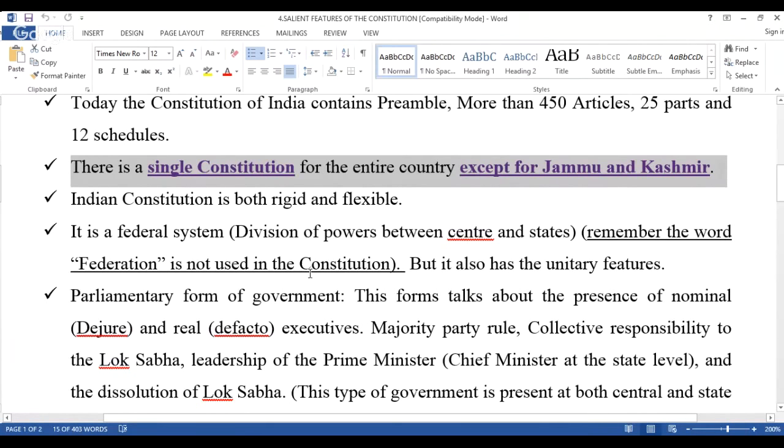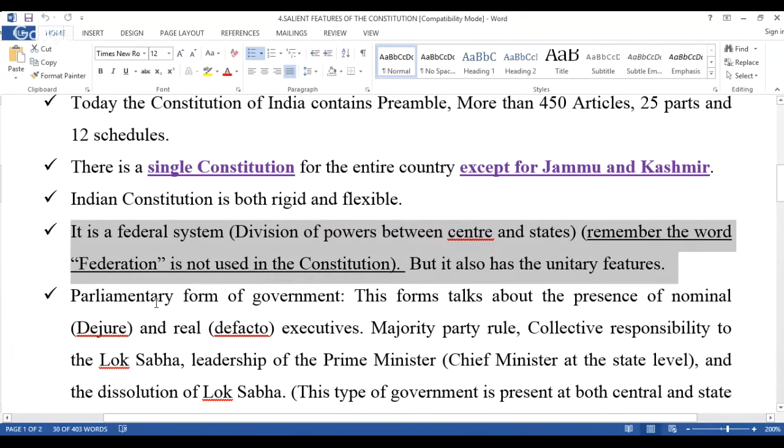Okay, next, another one. As you already know, it is a federal system, that is the division of powers between central government and state governments, but it has also the unitary features. India is a federal system with unitary features, especially when there is national emergency or state emergency or financial emergency.